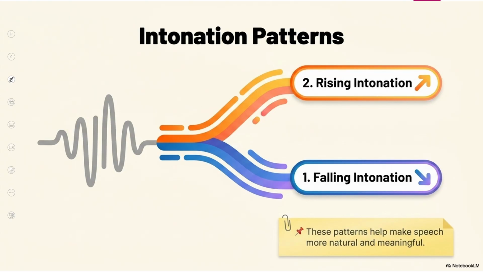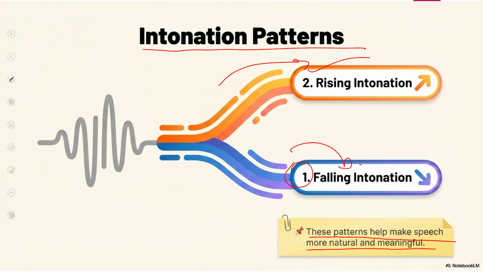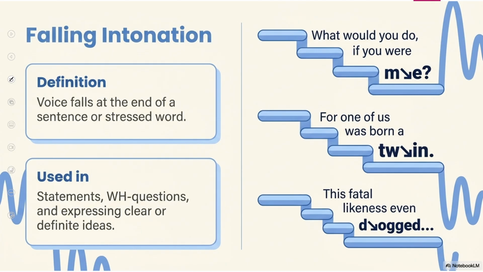I hope you now fully understand what intonation is and what the advantages of intonation are, why we use intonation. Now, intonation patterns. There are two intonation patterns. The first one is falling intonation and the second one is rising intonation. These patterns help make speech more natural and meaningful, right? Now, falling intonation in detail.